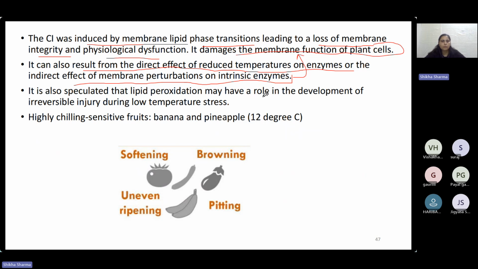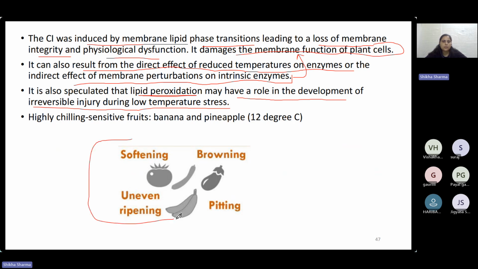So overall loss of the food product can be there. It is also speculated that lipid peroxidation can occur, and that can injure the food product when the low temperature stress is there.